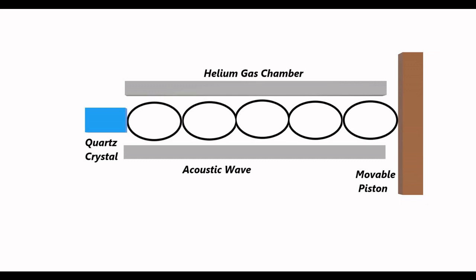Okay, the number of peaks of the wave through one passage. Okay, this is the return, this is the transmission, this is the reception. So from that we calculate the velocity of the sound wave through the helium gas chamber as this.